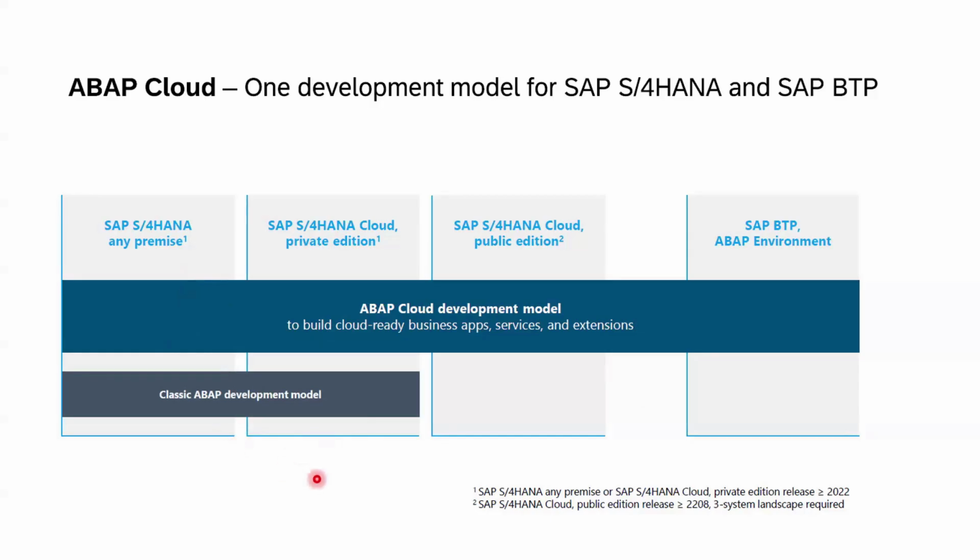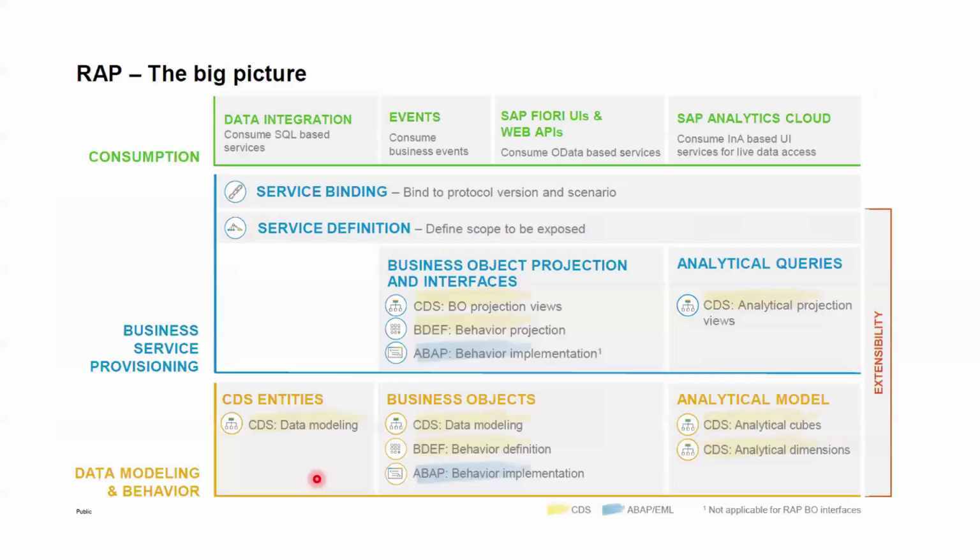If I go into the big picture, when you model any application, you start from your database. You do your data modeling first. What is your root entity and then child entity? You establish the relationships and do the data modeling.